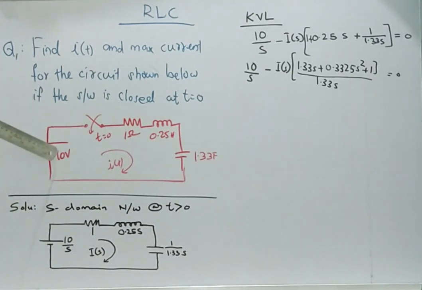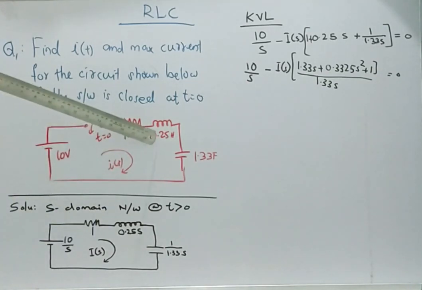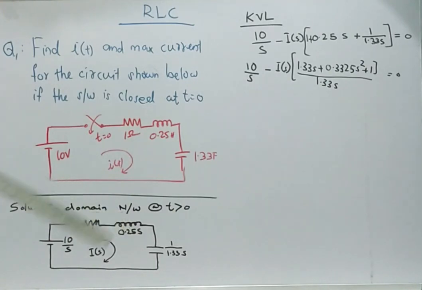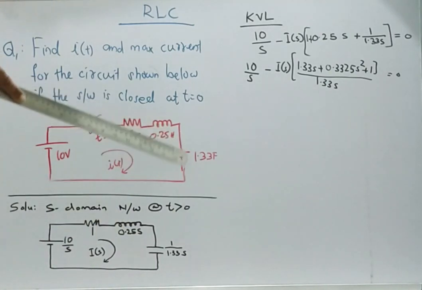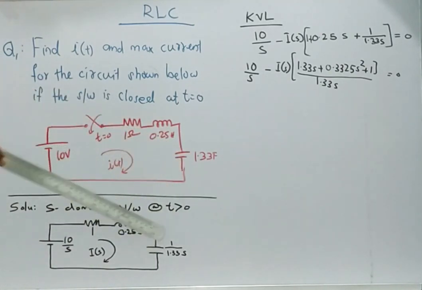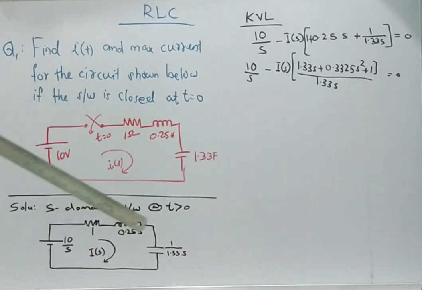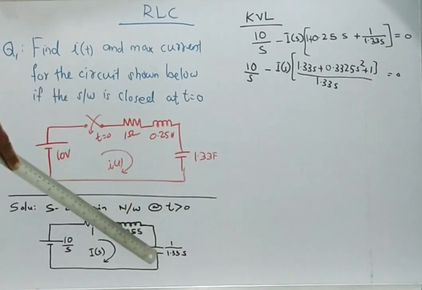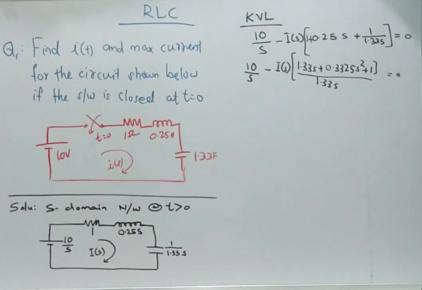So the 10 volt becomes 10 by S, the 1 is 1 itself, the inductor becomes 0.25 S, and the capacitor's corresponding impedance in S domain is 1 by Cs, that is 1 by 1.33 S. Here, as initially the switch was open, the initial current through the inductor and the initial voltage across the capacitor are assumed to be 0.